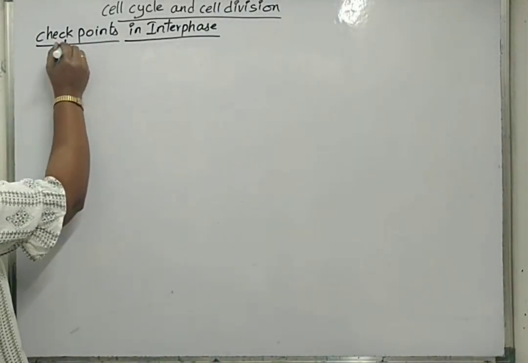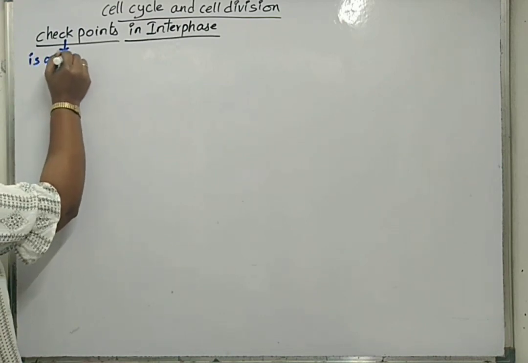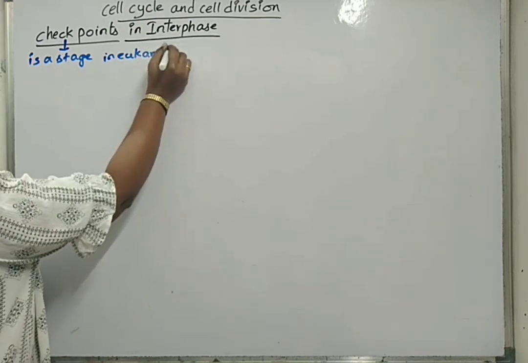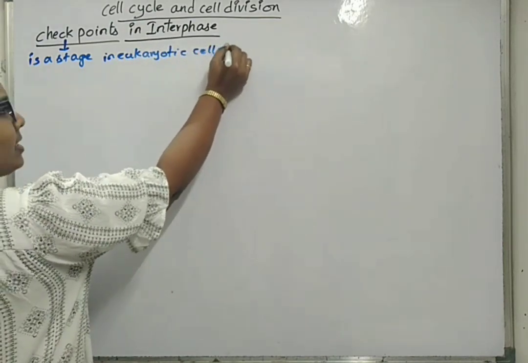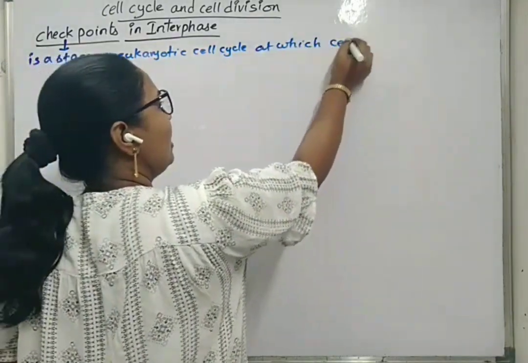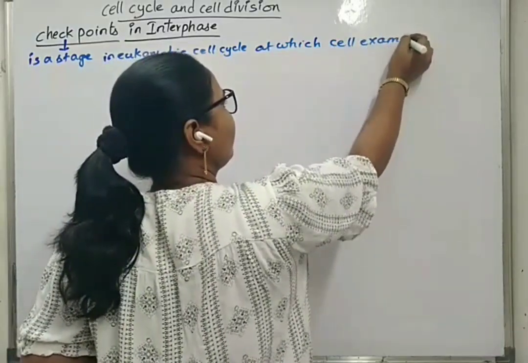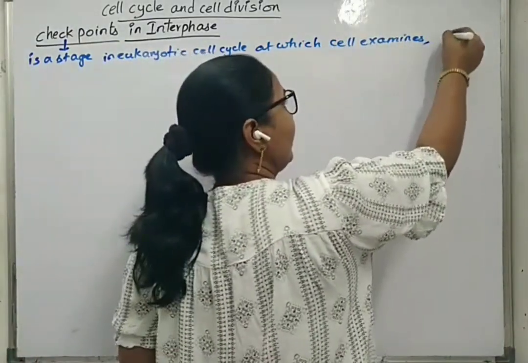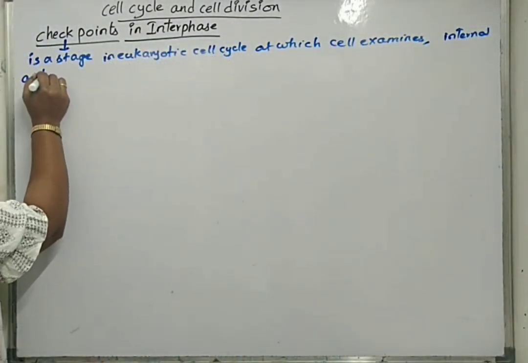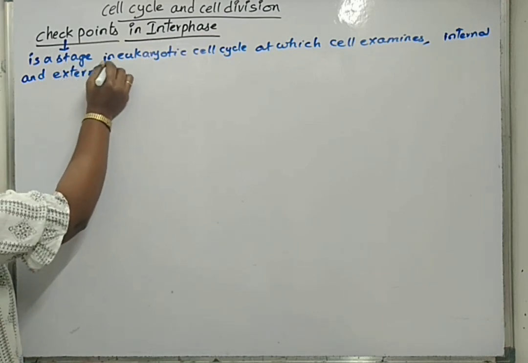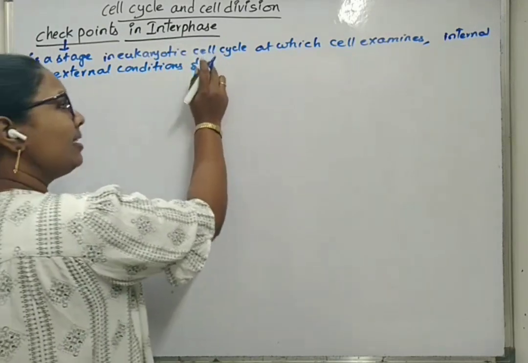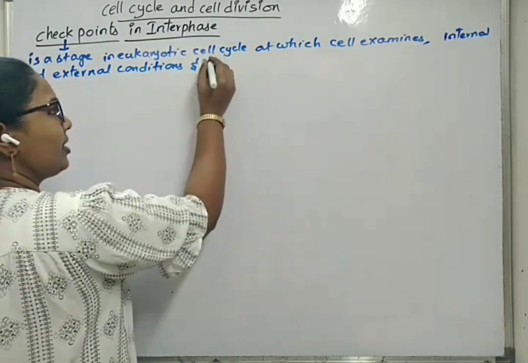So we can write that a checkpoint is a stage in the eukaryotic cell cycle at which the cell examines internal and external conditions and decides whether to move to the next stage or not.